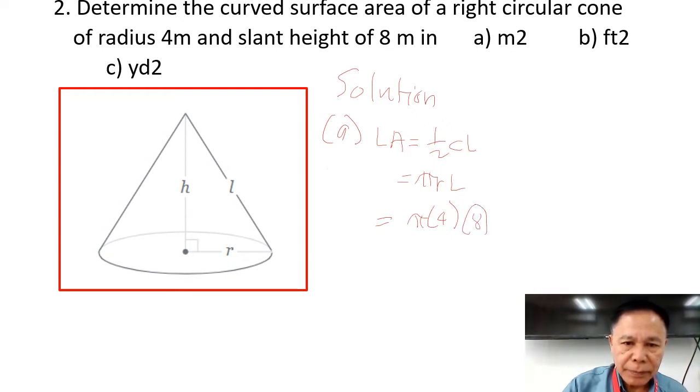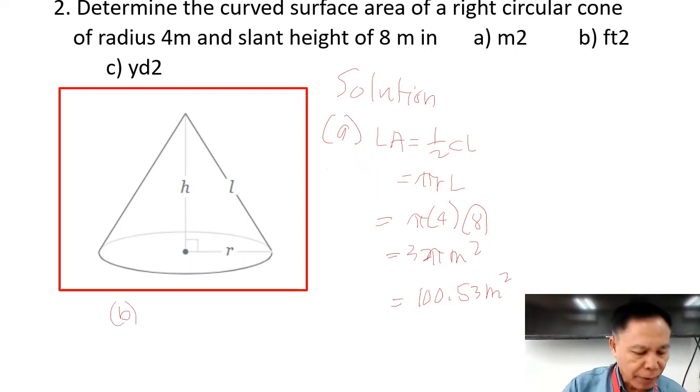That equals 32 pi meters squared, equivalent to 100.53 meters squared. For letter B, in terms of feet squared, just multiply that one.